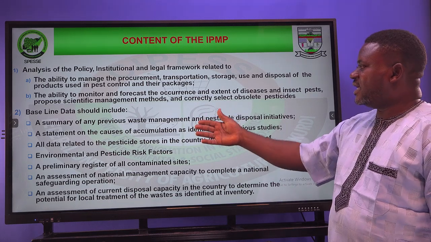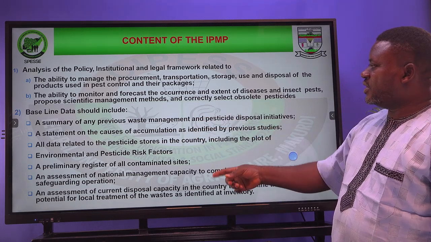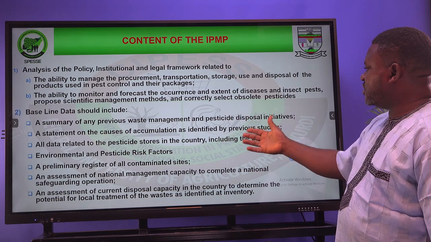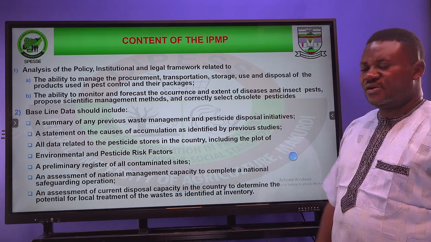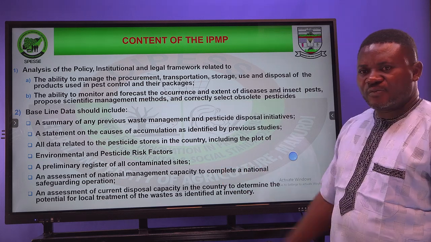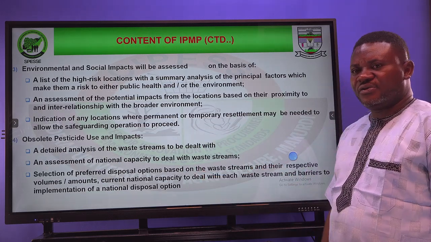So the baseline data should include the following: a summary of any previous waste management and pesticide disposal initiatives, and they are lined up like that. So you can read the rest when you get the slide.